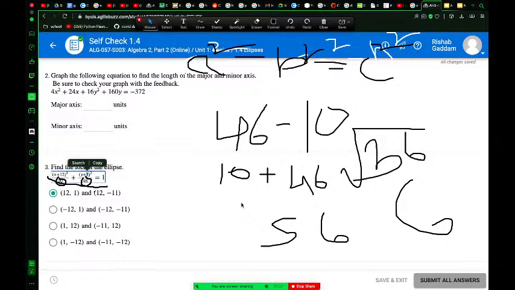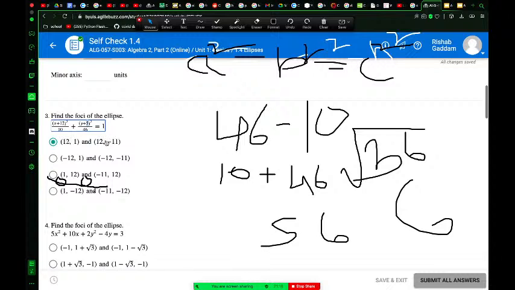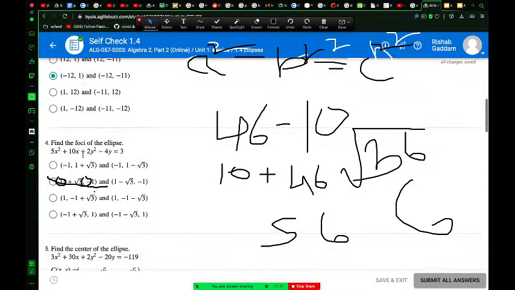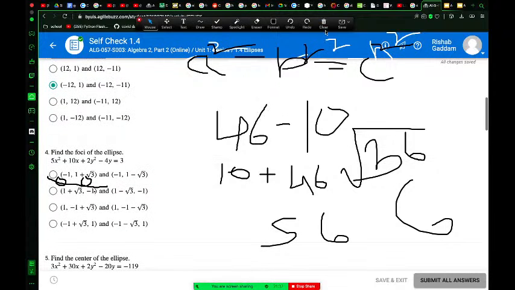And you have to do negative 5 minus 6, which is negative 11. So that's why it's negative 11 and 1 with negative 12 as the x coordinate. So the answer is negative 12, 1, and negative 12, negative 11.